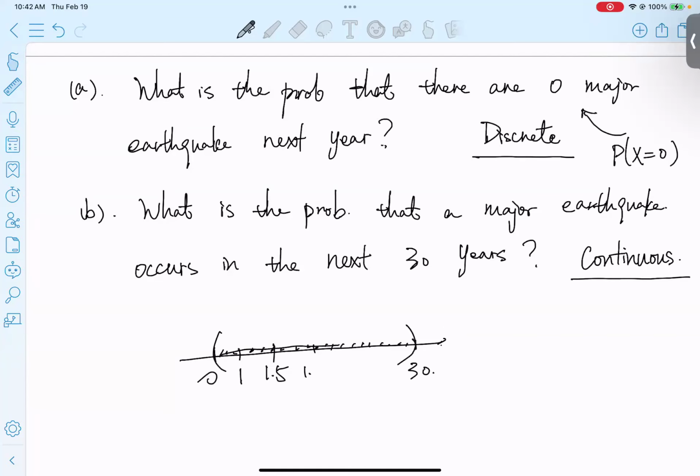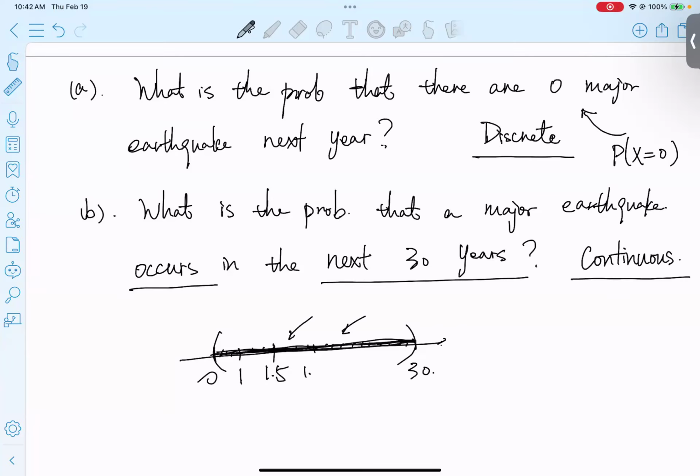In this case, we are considering events occurring on a continuous time span, the real line. The probability that it occurs in the next 30 years could be located at any time point in a continuous time window, so I regard this as a continuous case. That is my reasoning.